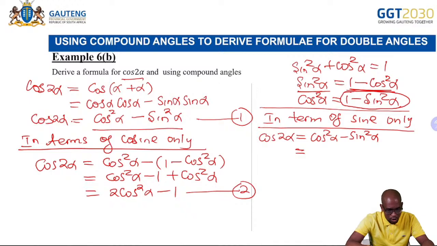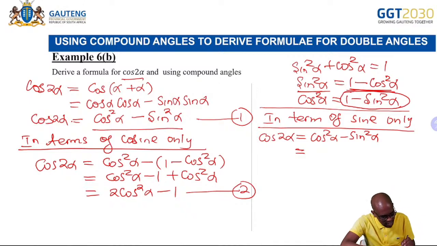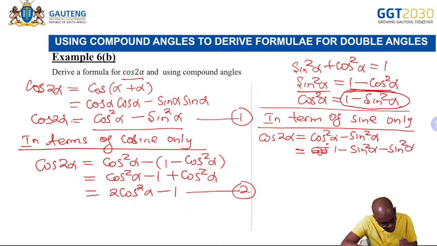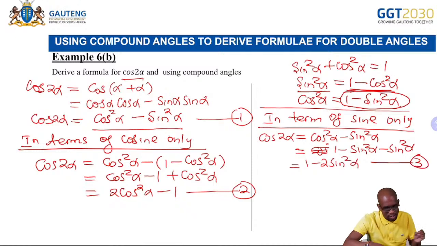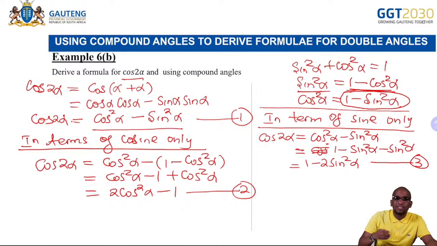So this would be cos squared of alpha replaced by 1 minus sine squared alpha, minus sine squared alpha. So this would be 1 minus 2 sine squared alpha. This is equation 3.